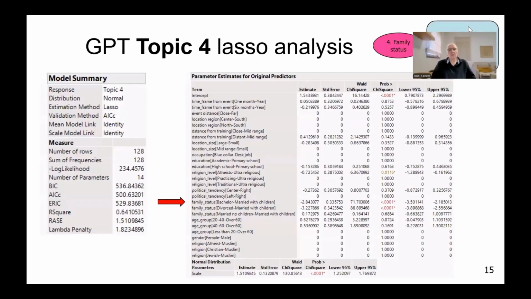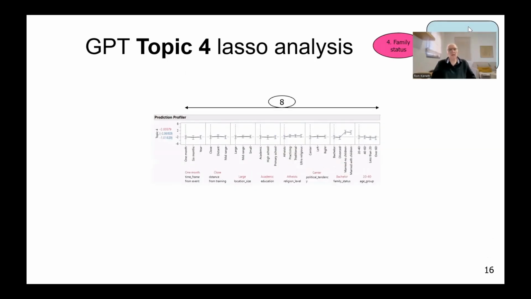Topic 4, the family status. Okay, so family status, is this a bachelor or a married individual, was what determined what had the highest effect on the family status topic. We had 8 factors there.